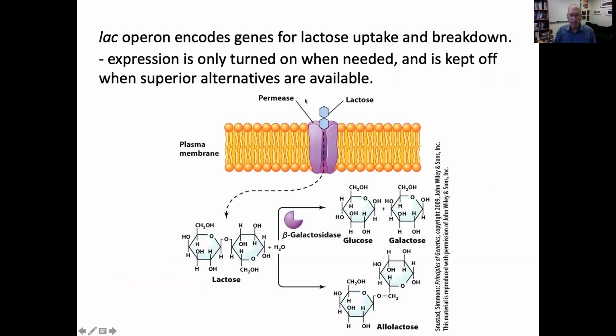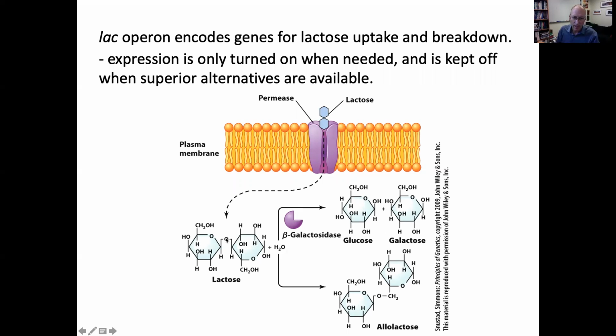So the functions of the different components of the system, I already talked about. Lactose permease is in the cytoplasmic membrane. Lactose is a disaccharide that comes through lactose permease. This is actually a symporter, so it is dependent on the proton motive force to energize it.